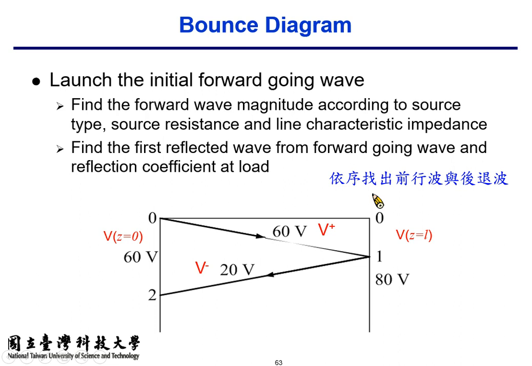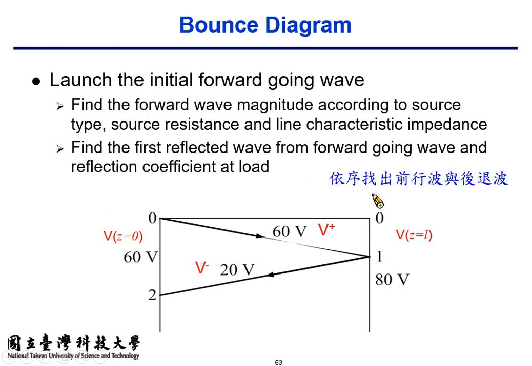So the V minus signal going from left to right is 20 volts. Because the source is a battery, a constant DC source, the V plus signal and the V minus signal will stay on the transmission line all the time.